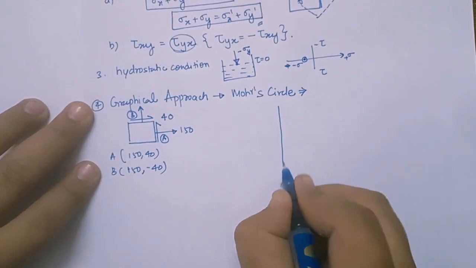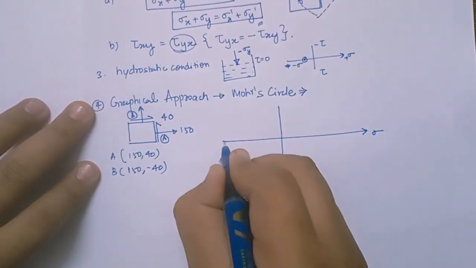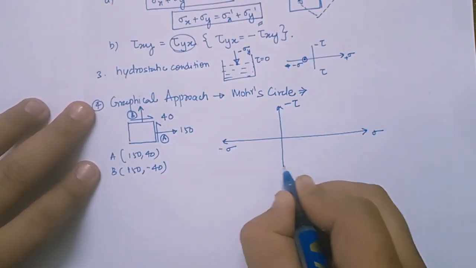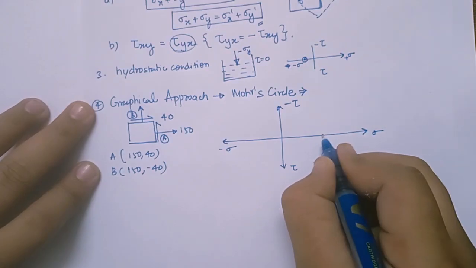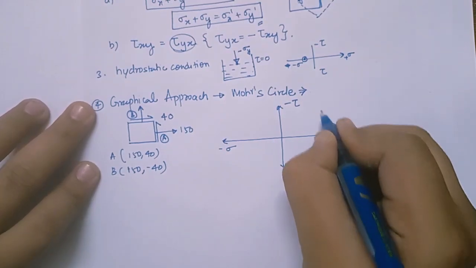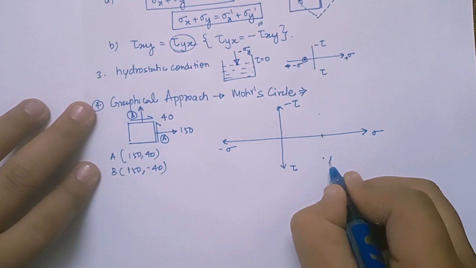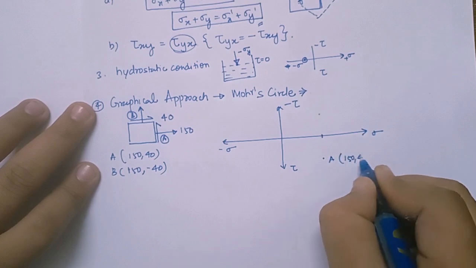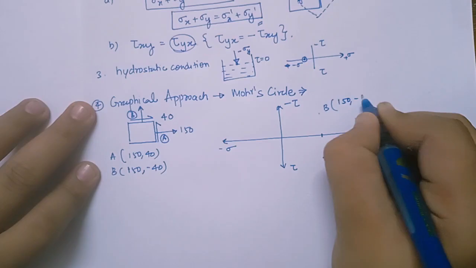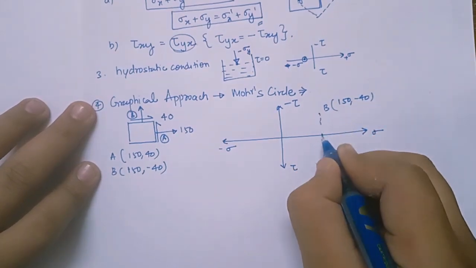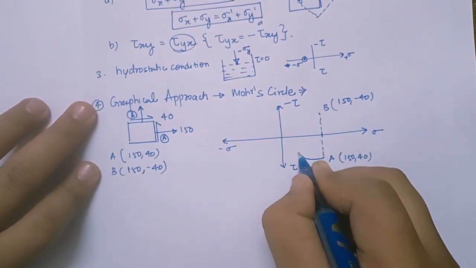So just draw these points on the Mohr circle, with sigma and tau axes. This is A, 150 comma 40, and this is B, 150 comma minus 40, and taking this as the diameter, draw a circle.